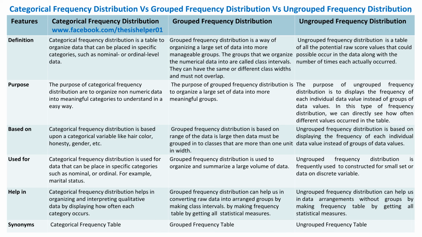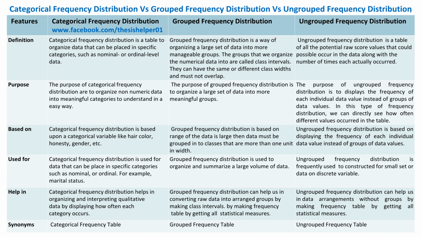Categorical frequency distribution helps in organizing and interpreting qualitative data by displaying how often each category occurs. Whereas, grouped frequency distribution can help us in converting raw data into arranged groups by making class intervals, by making a frequency table, by getting all statistical measures.